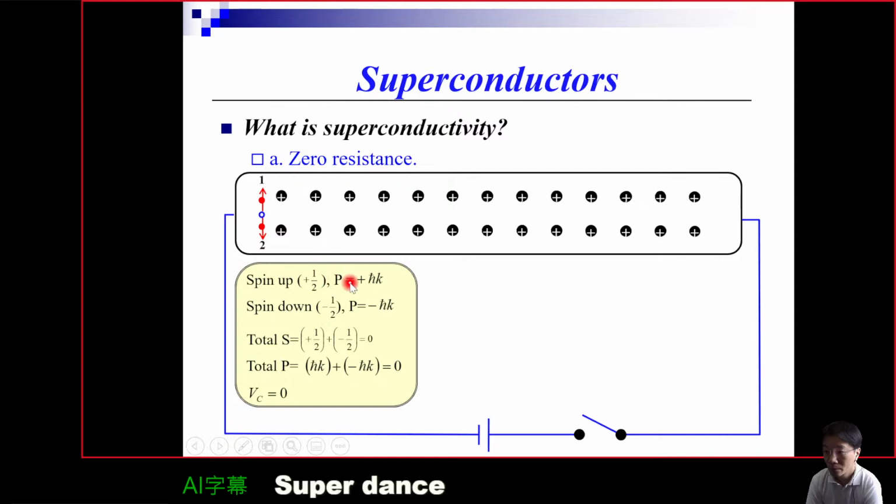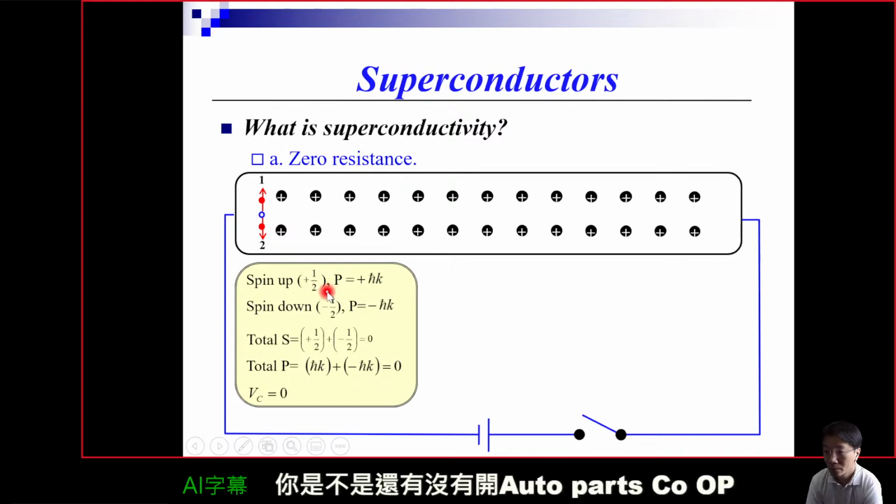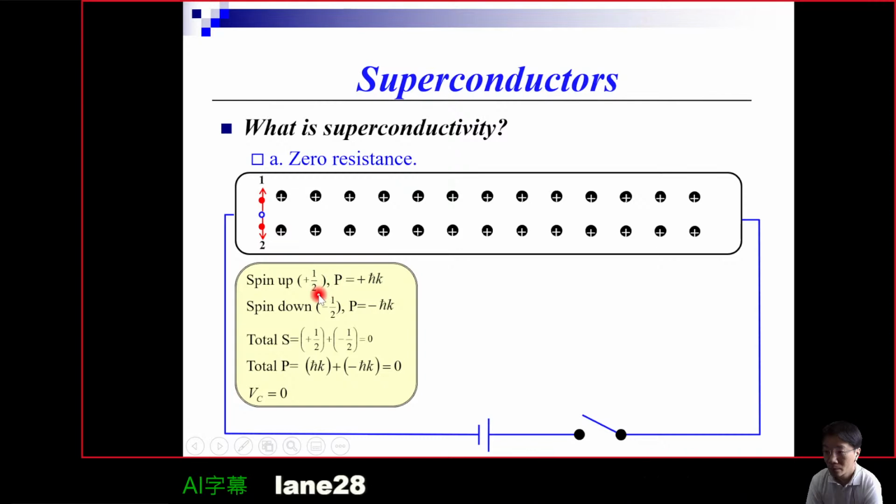They are also correlated with the spin. So the superconductors have a kind of virtual particle we call a Cooper pair. Pair means we need to have two electrons. One electron carries a positive spin, and the other carries a negative spin.